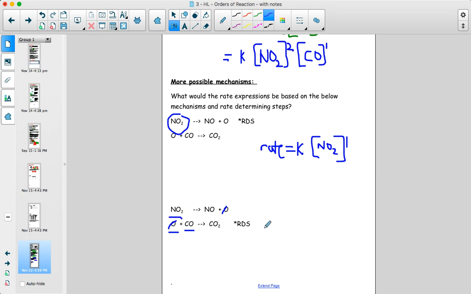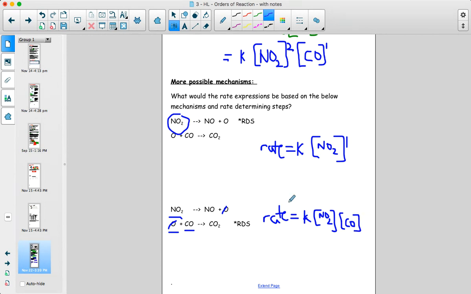And so in the end, I would get rate is k, and I'd get NO2 in brackets, and I would get CO in brackets both to the first power. So this would be the rate equation.